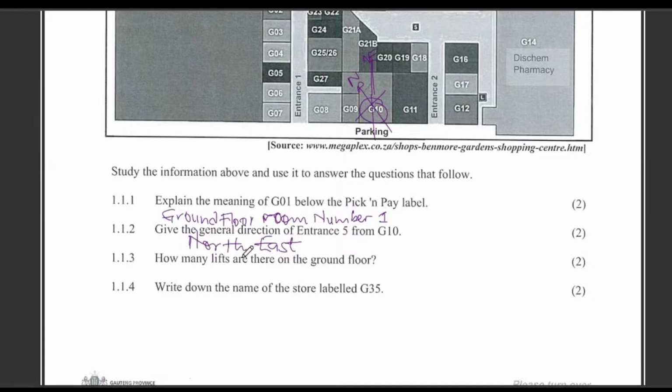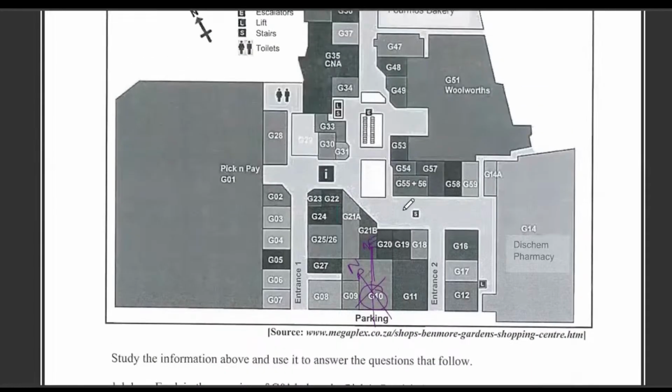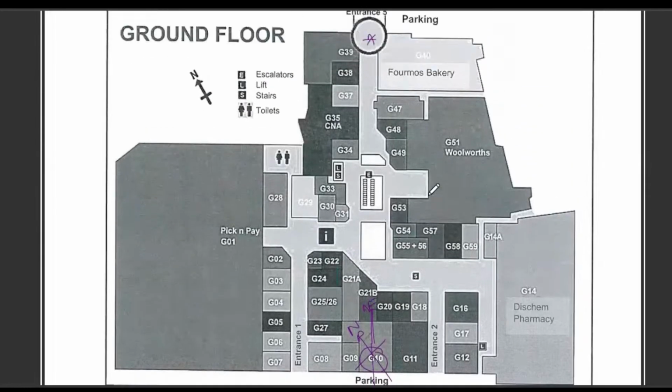How many lifts are there on the ground floor? Now, how do we know that this is a lift? We look for the L. Lift, L. So we have 1, then we have another one here, 2, and I believe those are the ones.